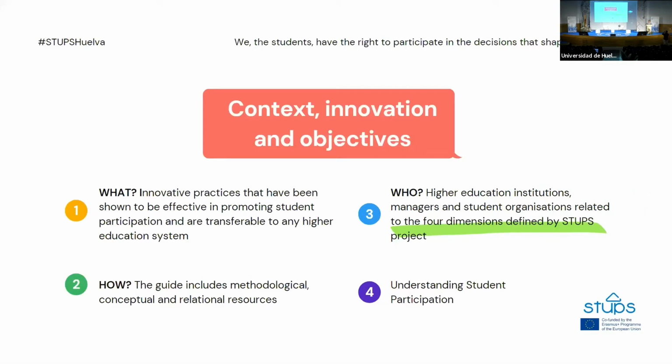Some examples of those practices are promoting and fostering student participation within the higher education system. We have compiled those practices in a guide that is really user-friendly and easy to read and to replicate by any other university who might be interested in using those ideas.